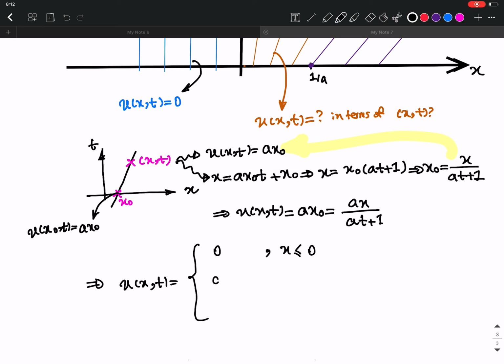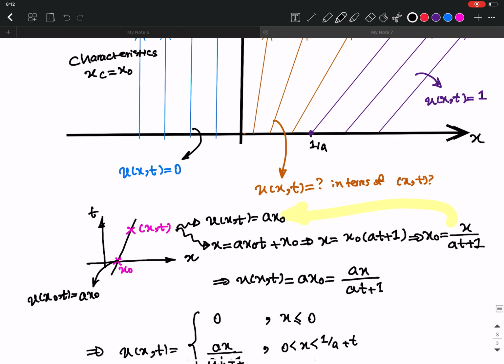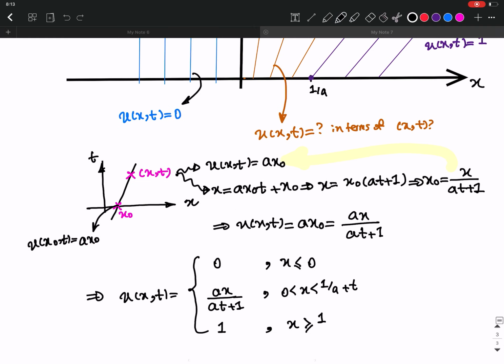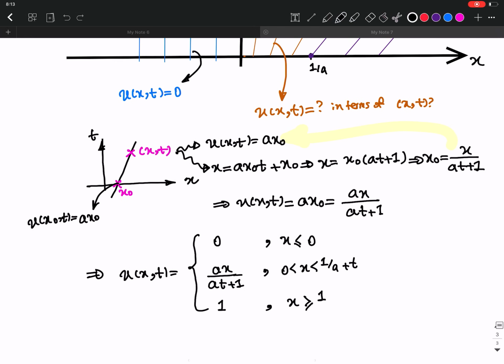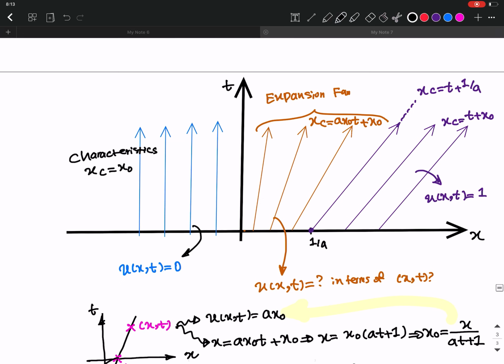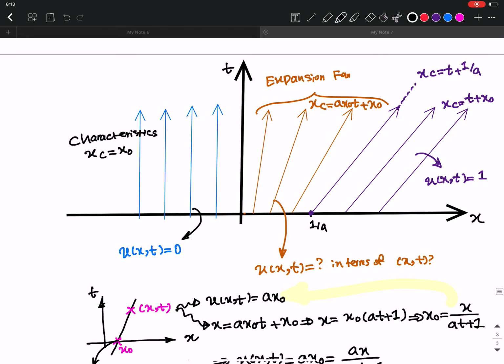It's going to be a x over (at plus 1) when x is between 0 and 1 over a plus t. And it's going to be 1 when x is greater than or equal to 1 over a plus t. And this 1 over a plus t is just this line here.